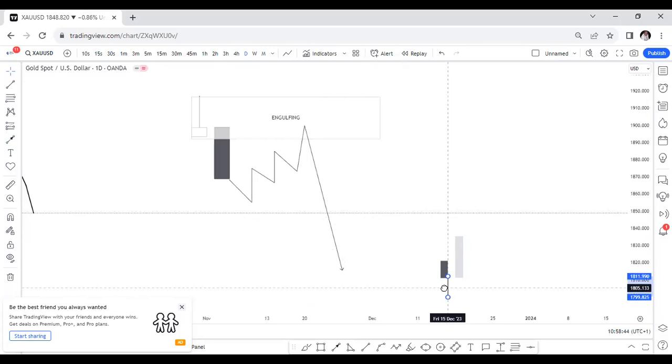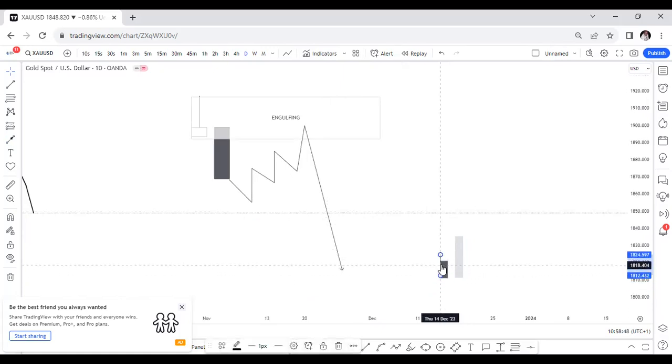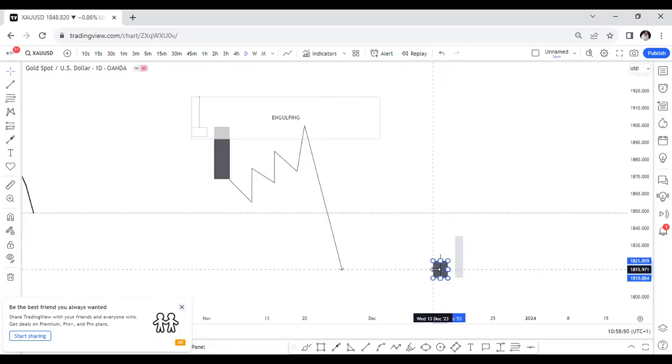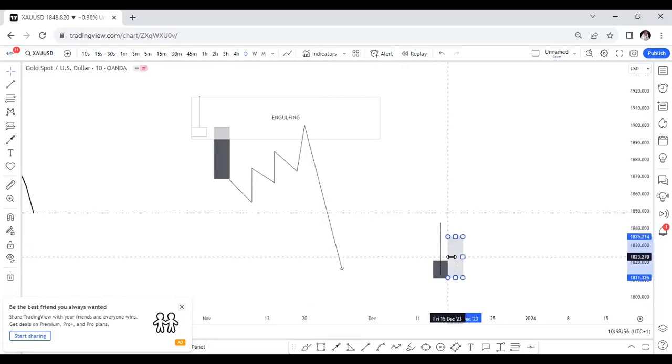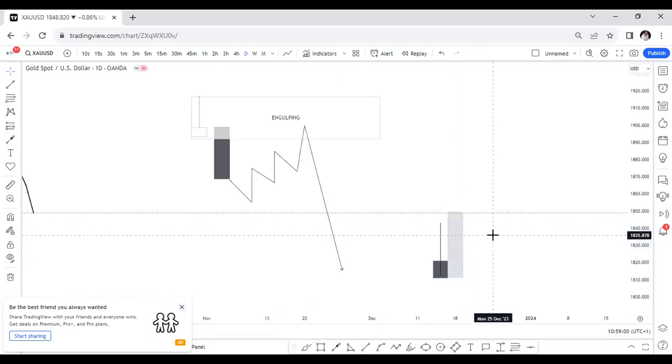This is the wick. So if this is engulfing, this is the bullish one, this is the one that engulfs.